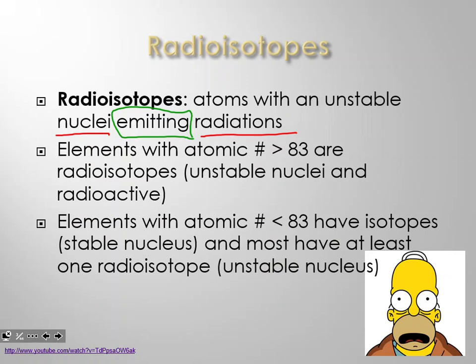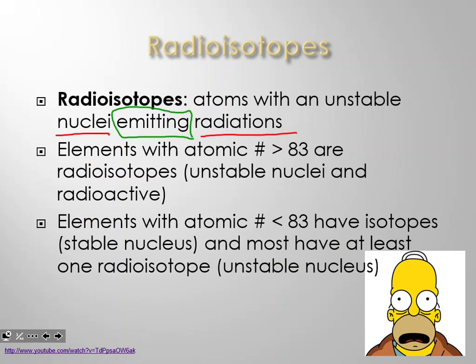This will be touched on again later, but elements with atomic number less than 83 have isotopes that are usually stable. And there are very rare ones that pop up in these smaller elements that can be radioactive, like carbon-14.